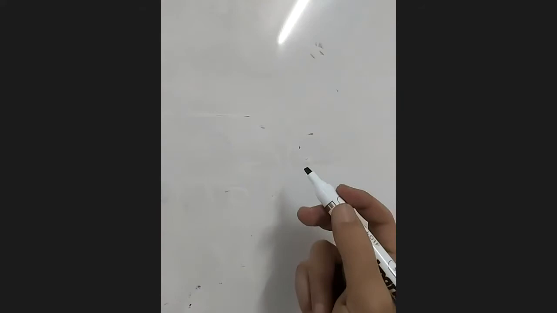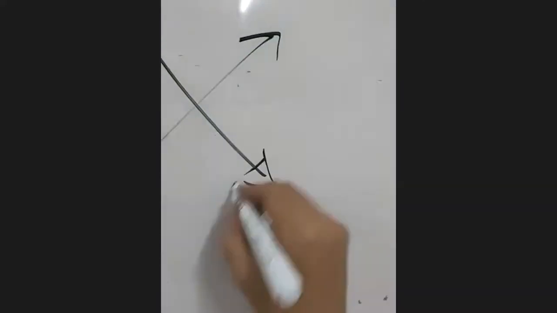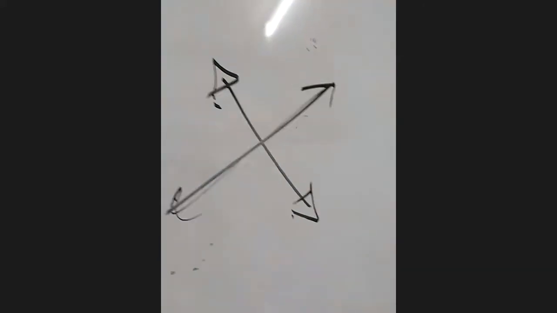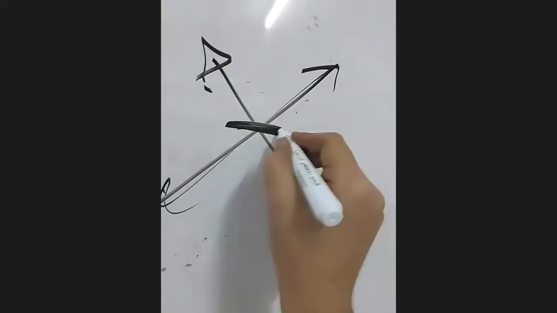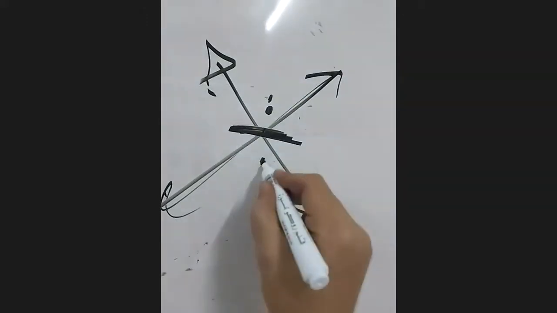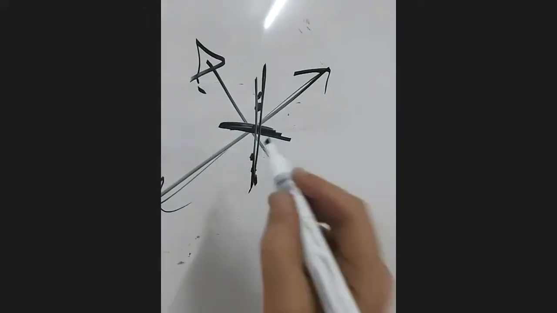Look here, look at the board. If we have 2 intersected lines, okay? This angle here with this angle, we call them vertical. This angle here with this angle, we call them vertical, okay?